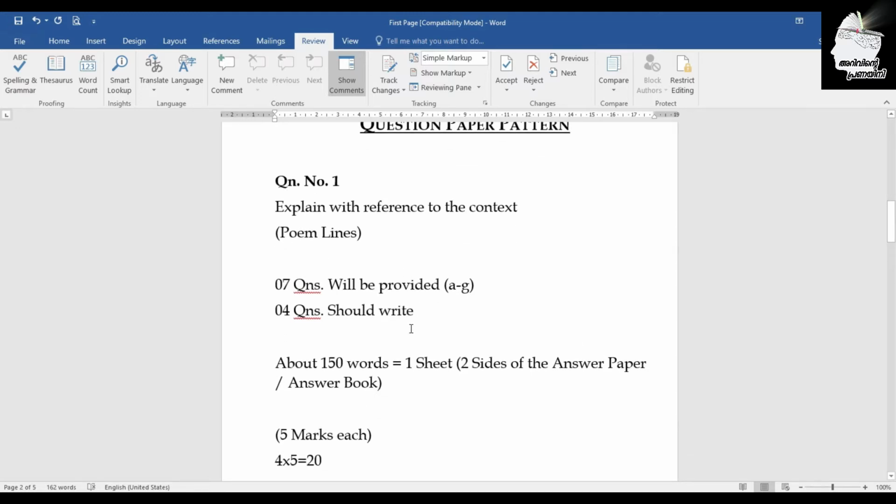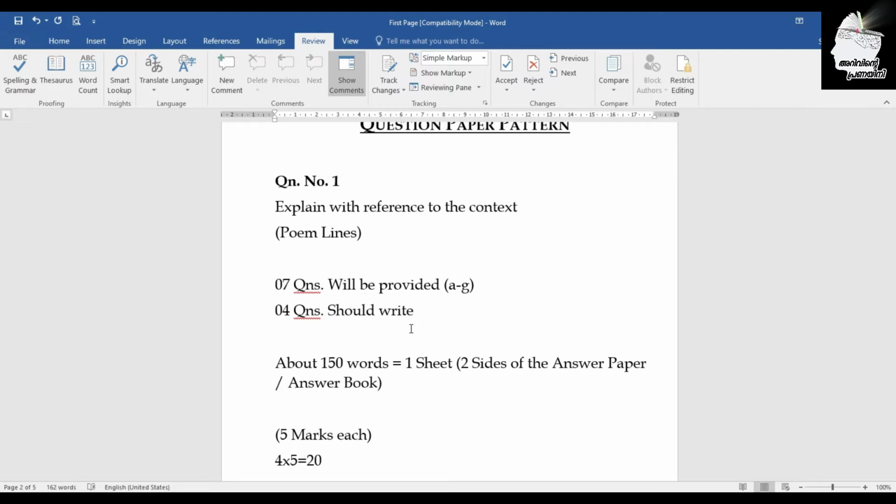First question will be explain with reference to the context, and you will be provided some poem lines. 7 questions will be there, out of which you have to answer 4 questions, and you are directed to answer in about 150 words.